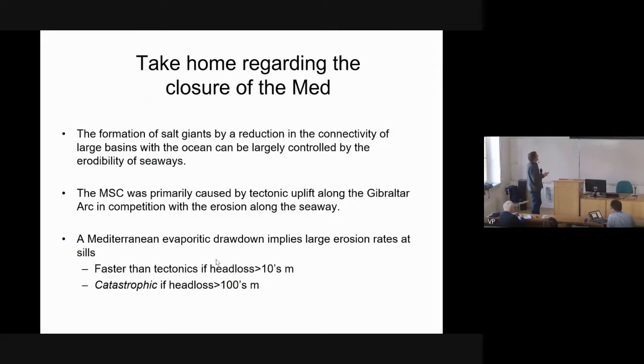The Messinian Salinity Crisis was primarily caused by tectonic uplift along the Gibraltar Arc in competition with erosion along the seaway. And a Mediterranean evaporitic drawdown implies large amounts of erosion at the sills. So again, let me insist on this idea. If you have tens of meters of difference between two large oceanic basins, then you will easily exceed the vertical motions that you typically obtain from tectonic processes.